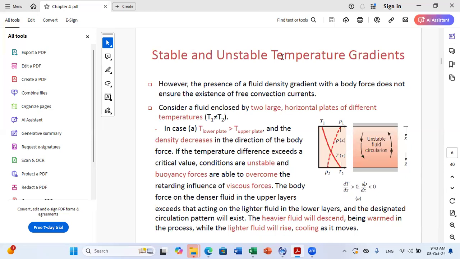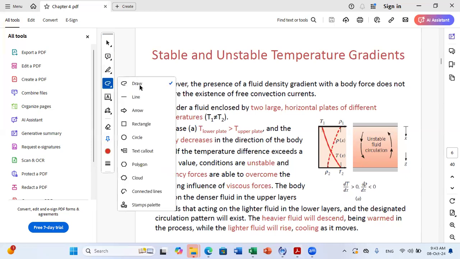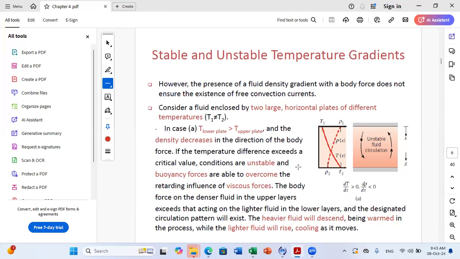For example, if I take the following case, if you have a room and you put the hot source from the lower side, then molecules or atoms of air at low level will be heated. So they tend to move up and will be replaced by cold molecules, and this will create circulation.